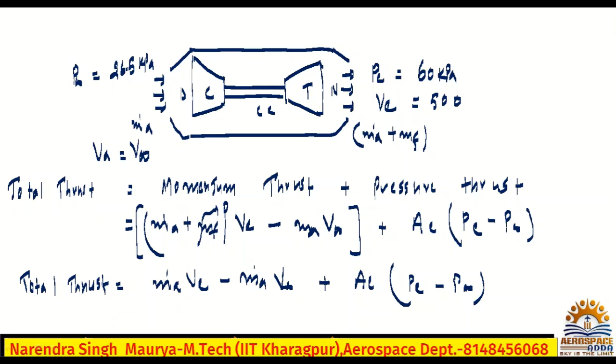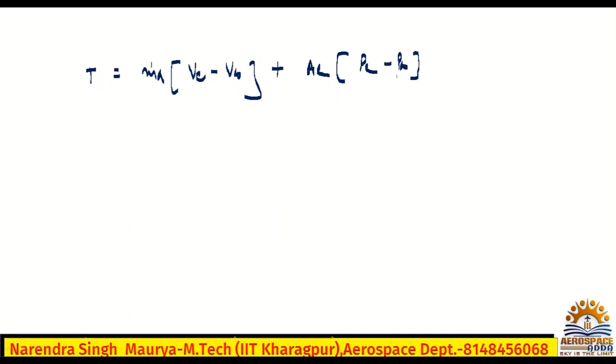Done. Now this thrust is nothing but m dot into VE minus V infinity plus AE into PE minus P infinity.